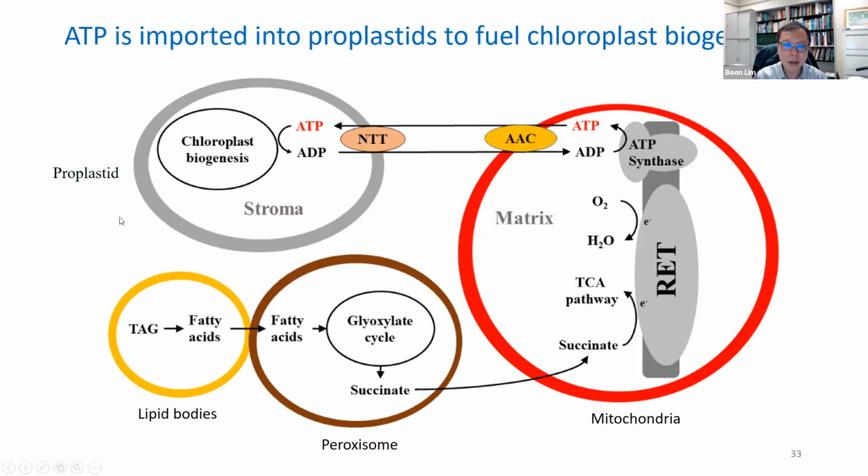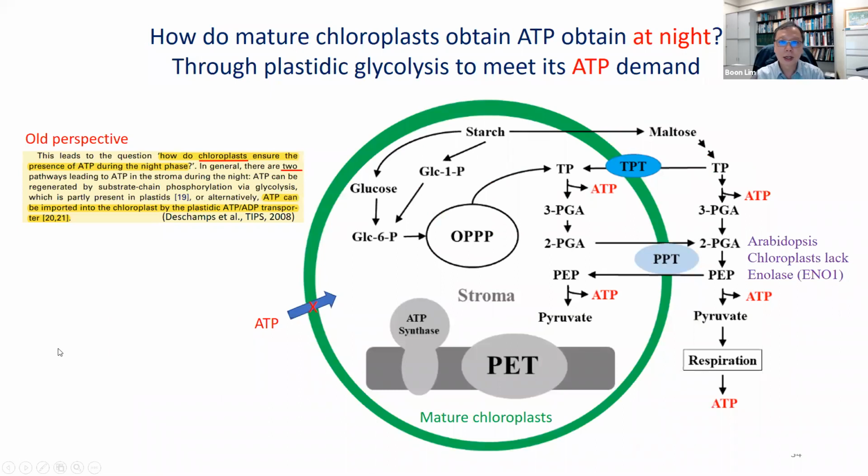However, when the chloroplast matures, it will downregulate NTT. And then if mature chloroplasts do not import ATP from the cytosol, how do they obtain ATP in the dark? So we believe that at night, mature chloroplasts obtain ATP through parasitic glycolysis.